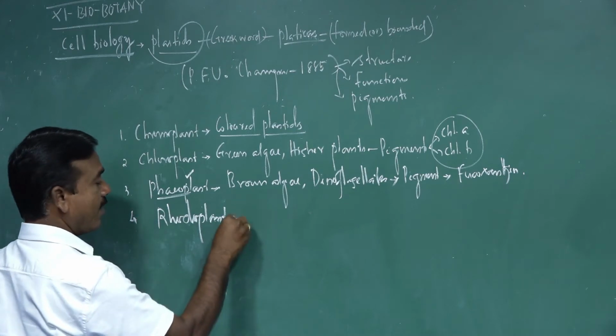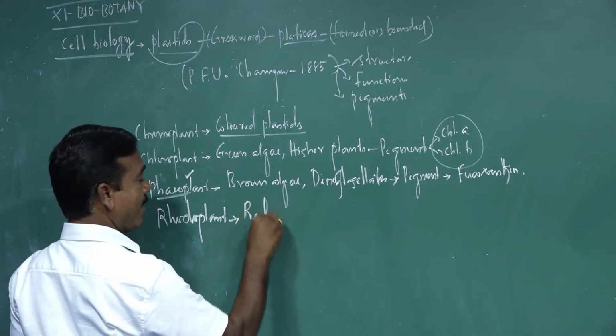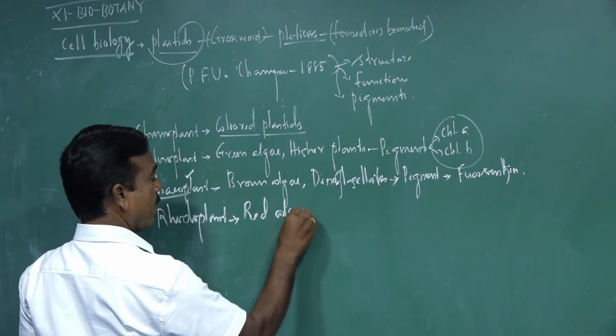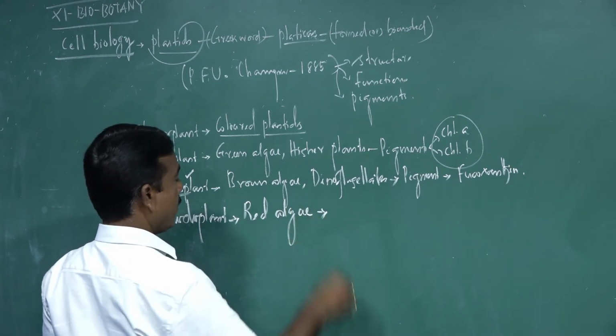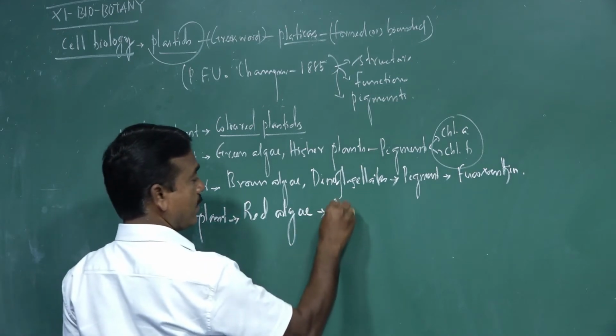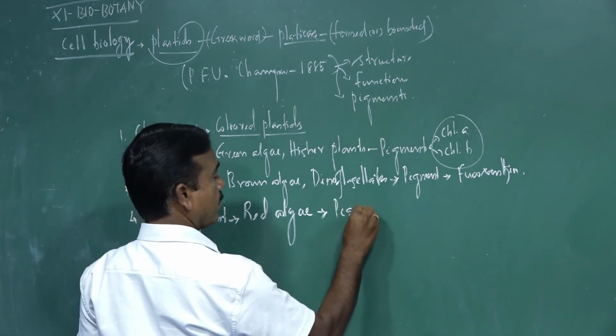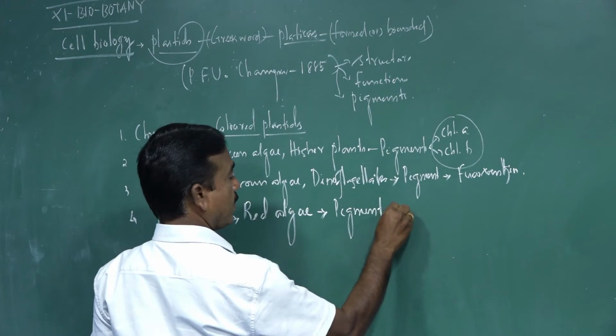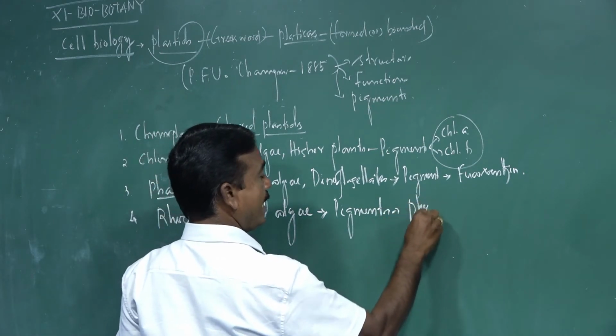This is commonly found in red algae. The pigment there is commonly called phycoerythrin.